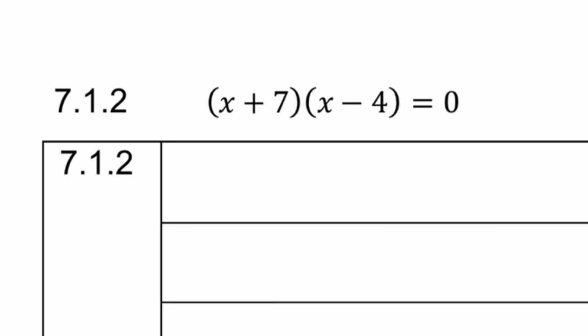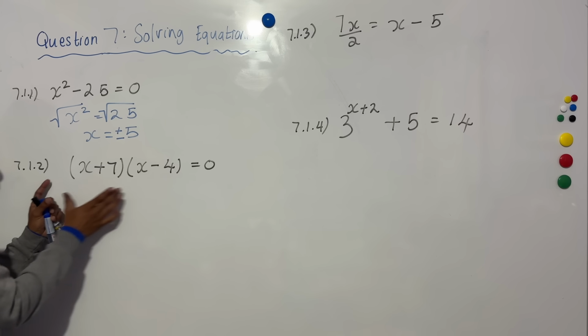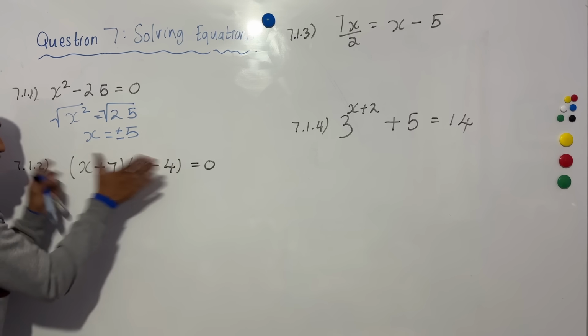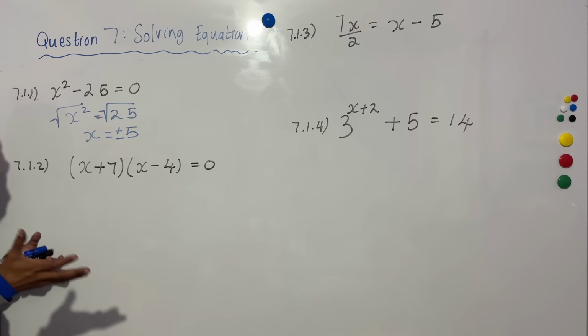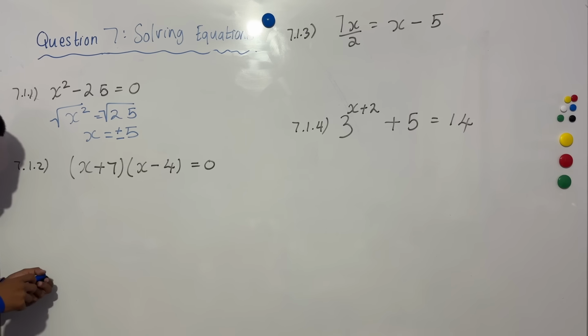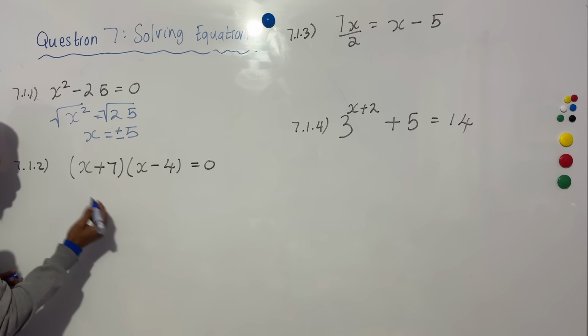Now, the zero factor law, if you do know the zero factor law, when you have two brackets like this next to each other and it equals to 0, one of these brackets must equal 0. You know that anything times 0 is equal to what? 0. So firstly, I'm going to state, when you see something like this, you should be familiar.